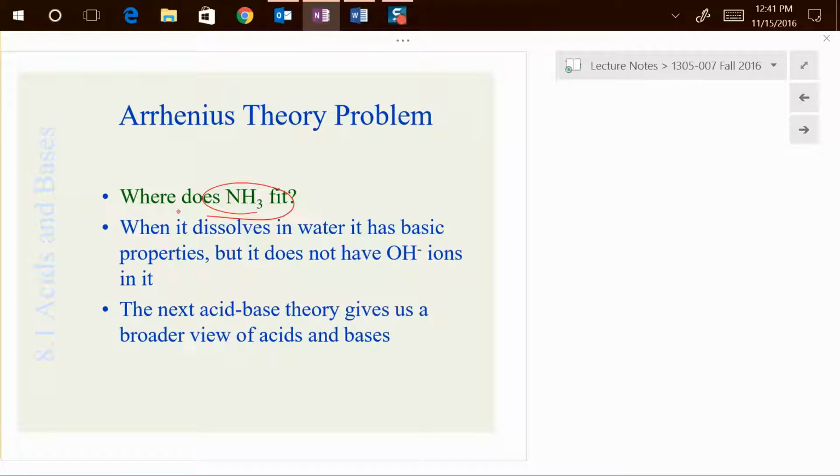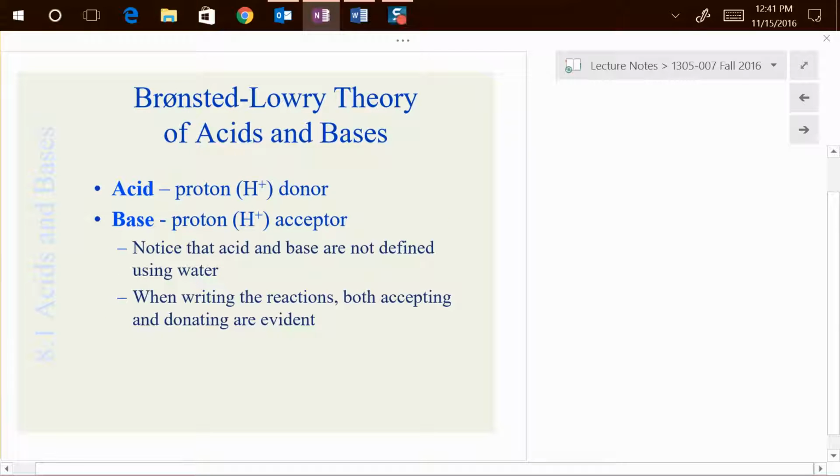So we're going to change the definition. Instead of dissociating into OH minus, we say that an acid is an H plus donor. That fits pretty well with Arrhenius theory. And a base is an H plus acceptor.